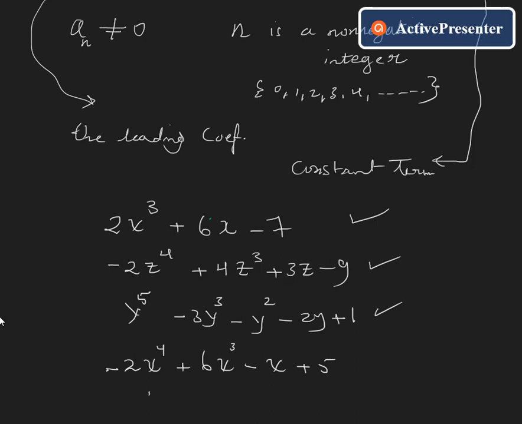Why is that? Because we started with the highest degree, which is 4. Here it is 3, here it is 1, here it is 0. So we are decreasing. Also, another condition should be satisfied, where an is not equal to 0, or the leading coefficient is minus 2, which is not equal to 0. So this polynomial is in its standard form.